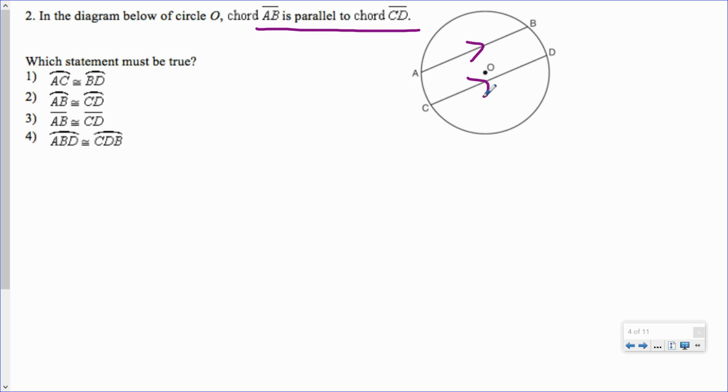Okay, if AB is parallel to CD, then the arcs between them must be congruent. The arcs between them are AC and BD. Choice 1 is your answer.